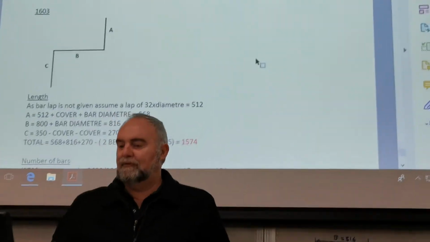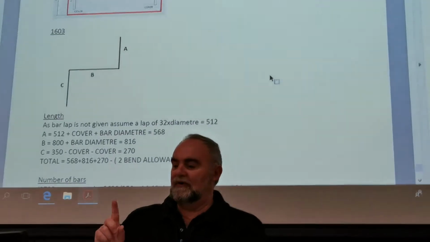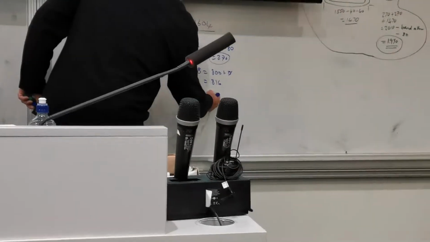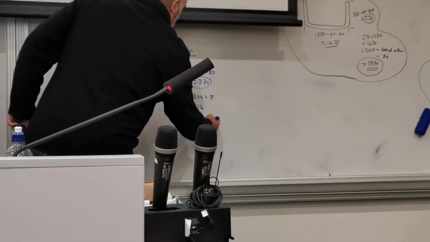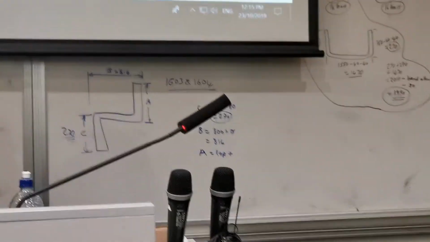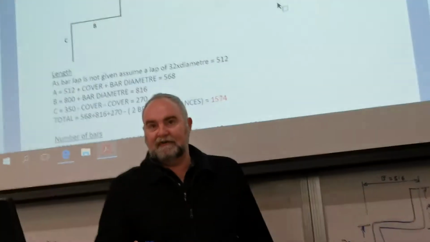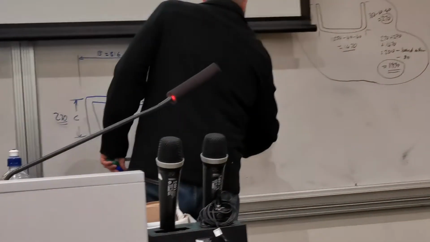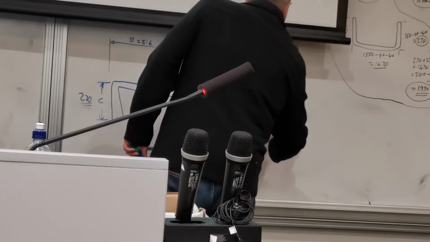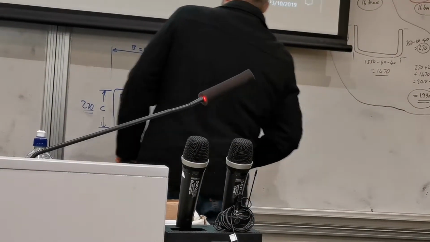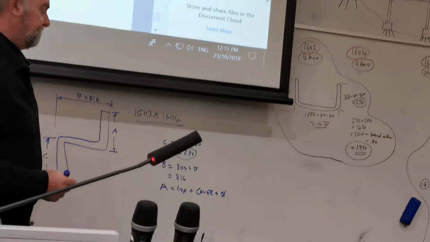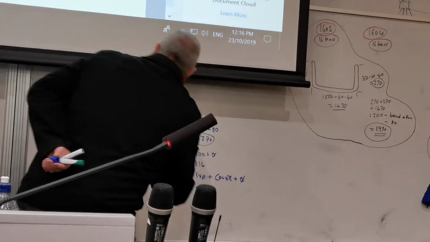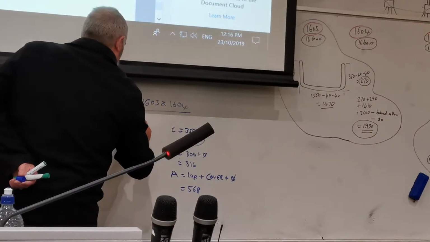So A is going to be equal to the lap, which is 32 times the diameter, plus cover plus the bar diameter. Big one? 568. Yeah. So A equals 568.